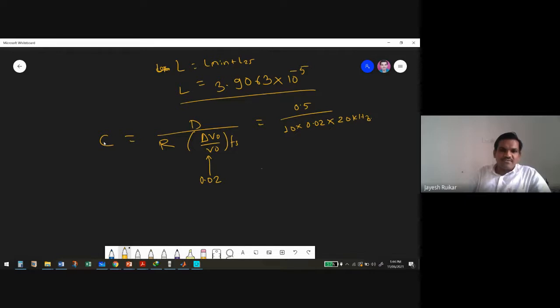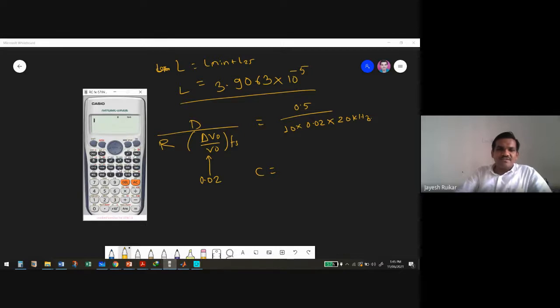So we can calculate the value of C now: 0.5 divided by 10 multiplied by 0.02 multiplied by 20 kilohertz.